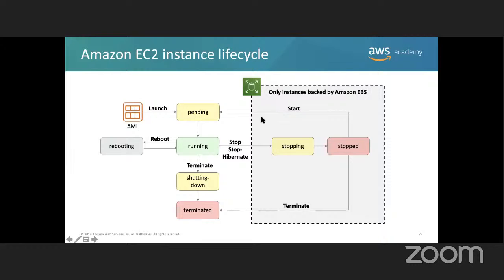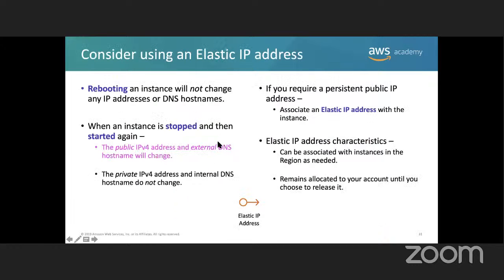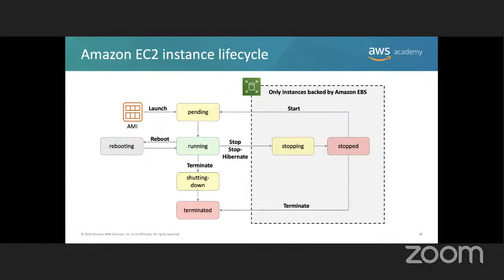That's what happened when I rebooted. It didn't do anything, it just continues running, right? Now, if you decide to terminate it, then it goes into a shutting-down state, and then into the terminated state, right? Also, when it's stopped, you can either start it or terminate it. If you terminate it, it goes into the terminated state. So that's how it works.